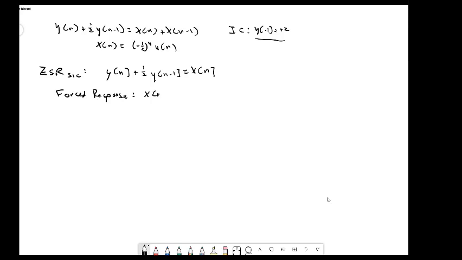For x[n] = (-1/2)^n u[n], we would look that up in the table, and normally that would lead us to the assumption that the forced response would be the same function, (-1/2)^n, multiplied by some unknown coefficient.